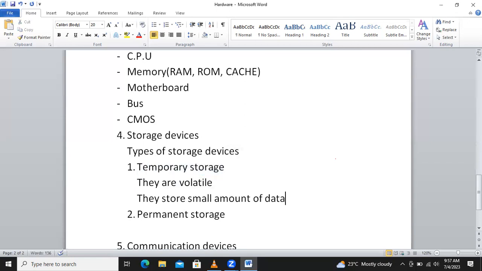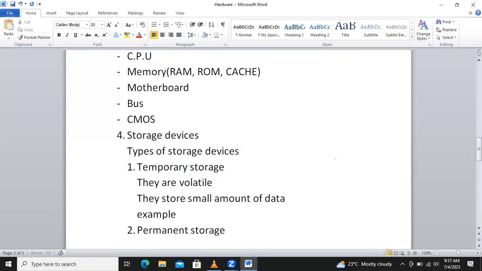Their examples include RAM, which stands for random access memory.